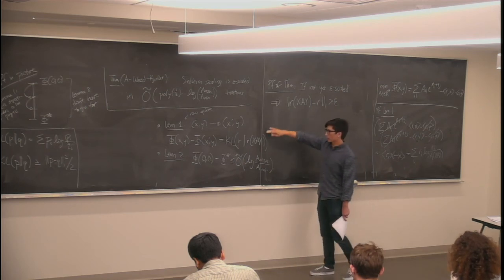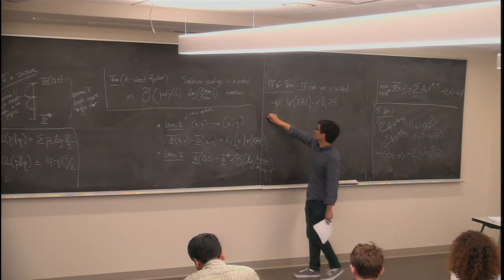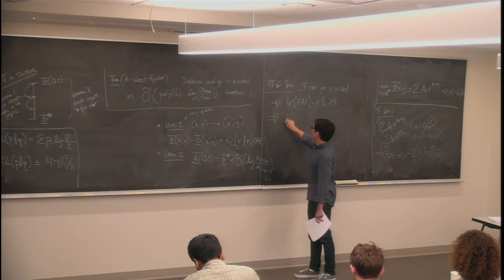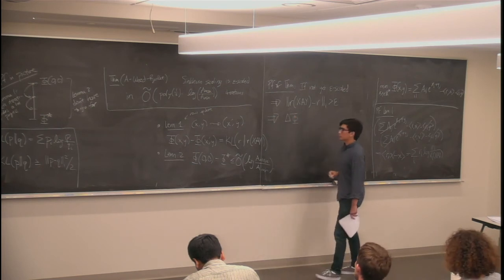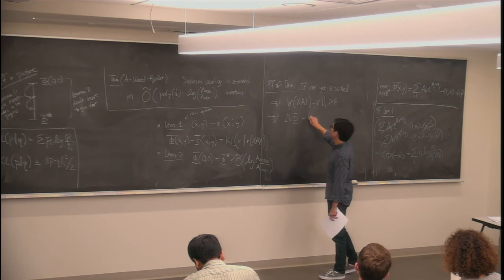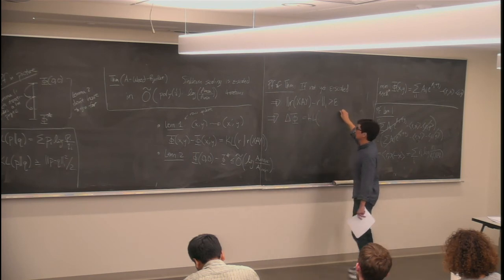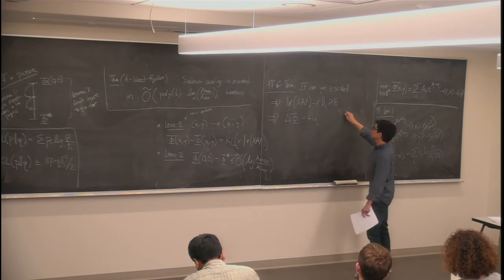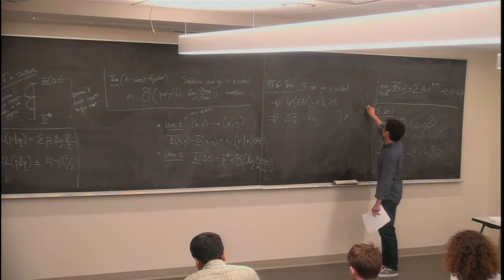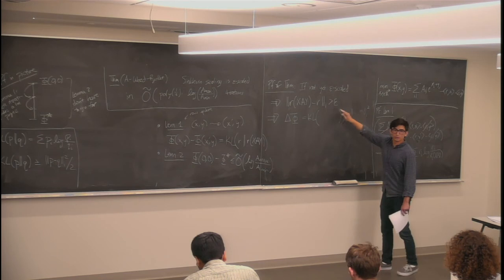So now we use lemma 1. Lemma 1 says that the improvement in the potential in this next iteration is equal to this KL between the two, which by Pinsker's inequality is at least the L1 distance between the two, up to a factor of 2, and this is at least epsilon squared.